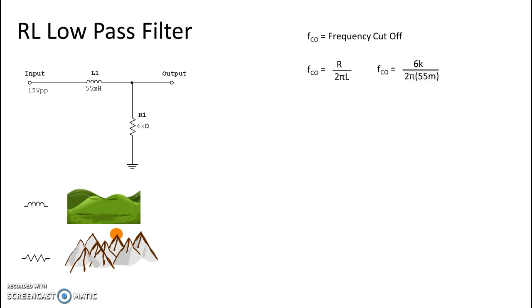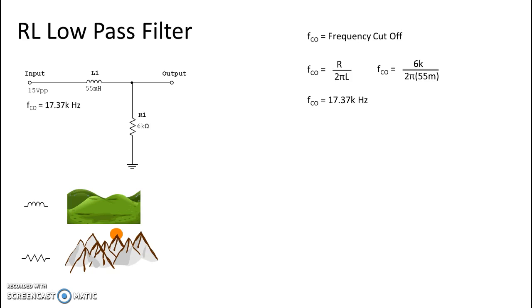And in this case, if you put in the numbers that are here on the screen, you will get 17.37 kHz. And we'll put that over there on our circuit. So at frequency cutoff, that is when our two ohmic values are the same. XL and R1 are the same ohmic value.